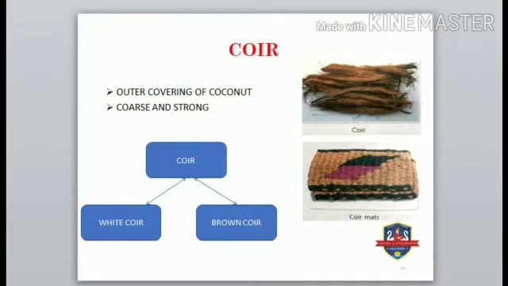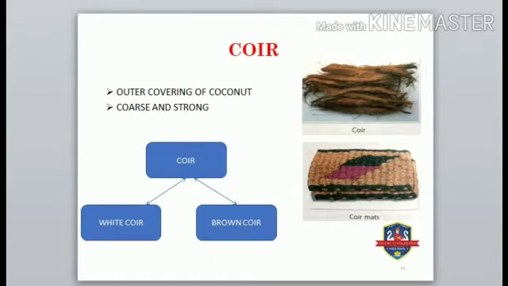This outer covering, which is brown in color, is called coir, and we obtain a fiber named coir fiber from this outer covering of coconut. As the outer covering is very strong, the fiber we obtain from this coir will be very coarse and strong. And we have 2 types of coir, white coir and brown coir.